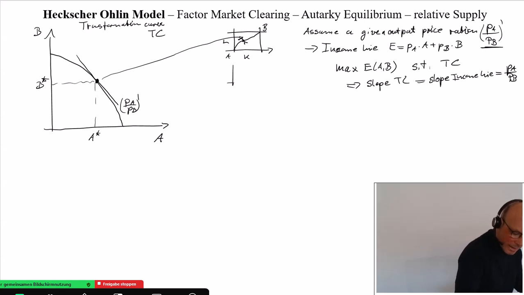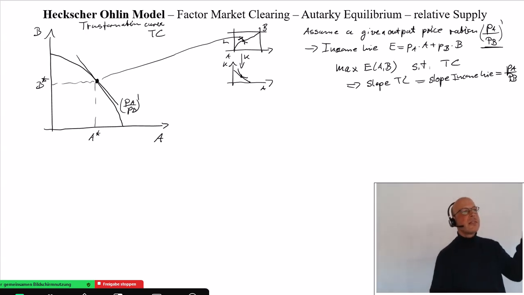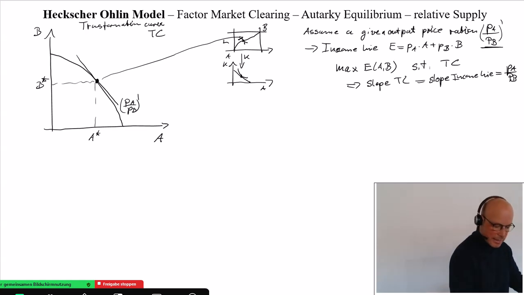Let's say this is now only K and L. This means also that the slope of our isoquant has to coincide with the slope of our cost line.